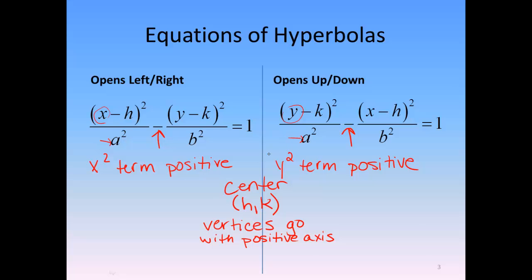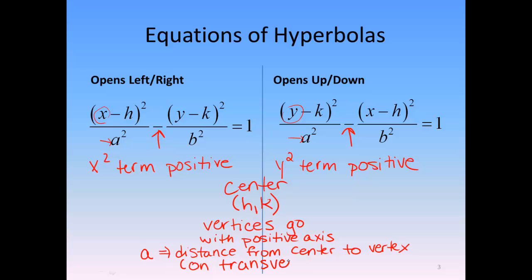If it opens up and down, the a squared term gets you the vertices. So a is the distance from the center to a vertex, and it will always be on that transverse axis. The b term does come into play, and we're going to use that to help find our asymptotes.